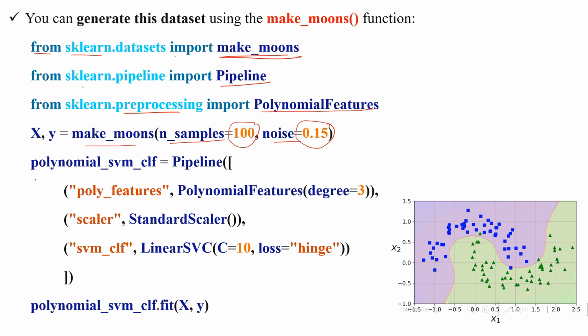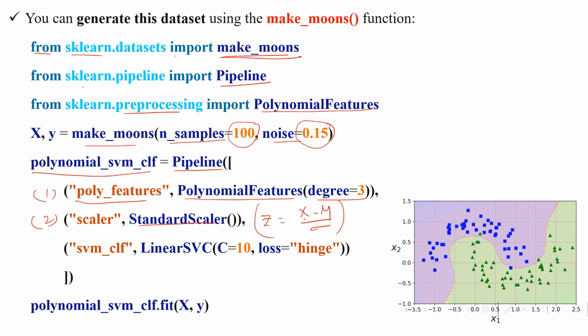Then we create a model called polynomial_svm_classifier. It is equal to a pipeline, which carries the different steps sequentially. The first step is to create the polynomial features, PolynomialFeatures with degree equal to 3. The second step is the StandardScaler, that is z equals x minus mu divided by sigma.